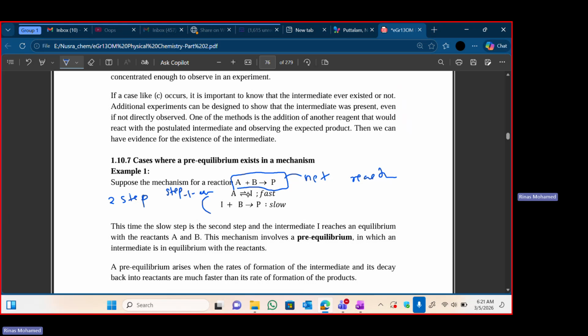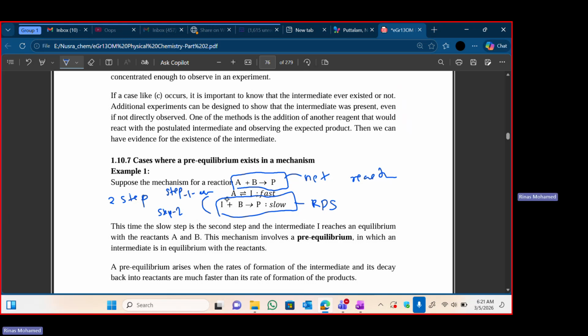I is the intermediate. Then in the second step it reacts with B to give P. That is step 2. But that's a normal one-sided reaction. That is the slower step. This second step is the RDS, the rate determining step.